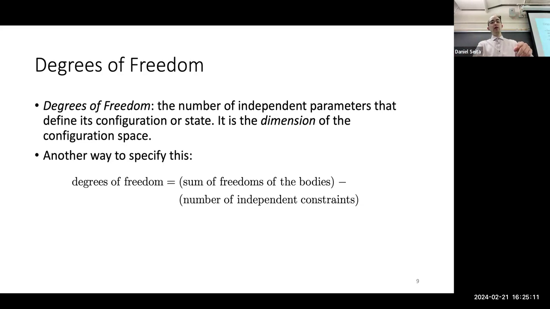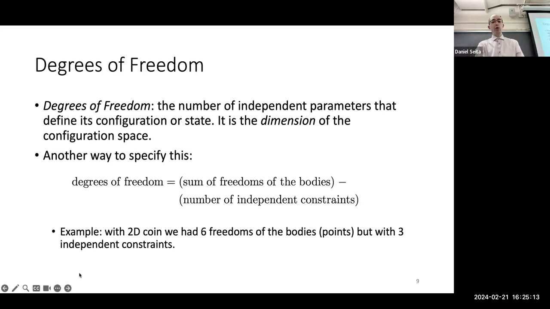If you remember the example earlier, with that 2D coin, we had 6 freedoms of the body because there were 3 points with 2 numbers each, so that's 6 freedom. But we have 3 independent constraints corresponding to all the pairwise distances between them. So it's 6 minus 3 is 3, which is the number that we derived.